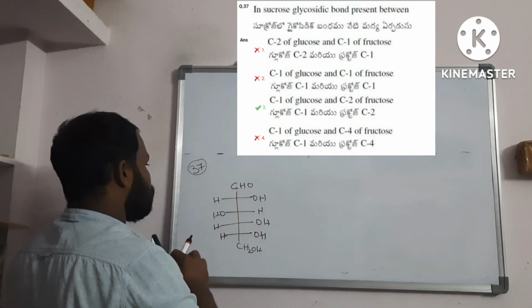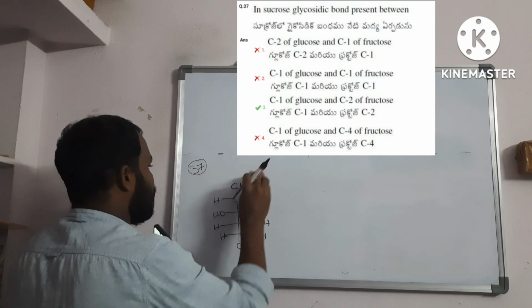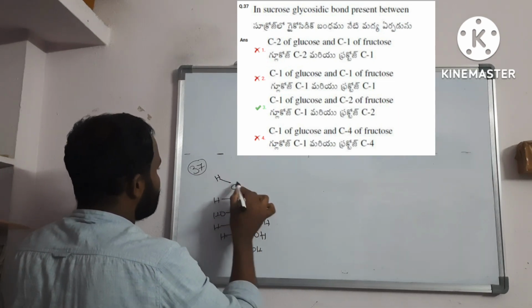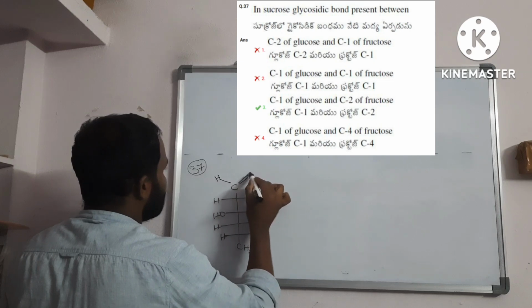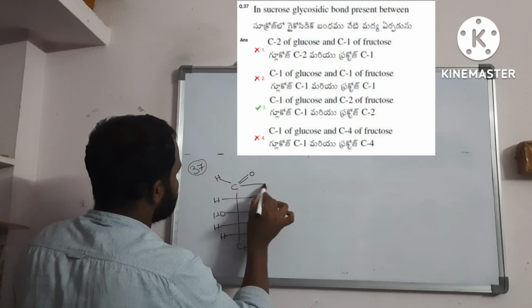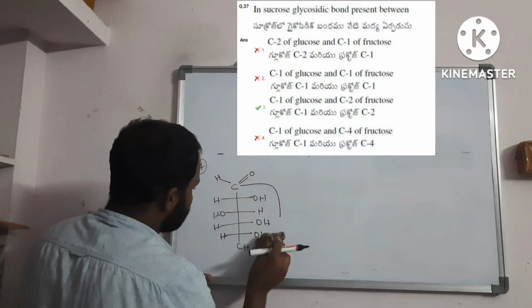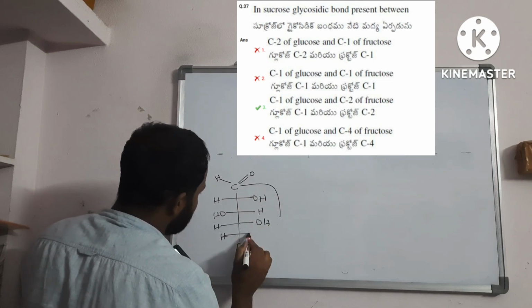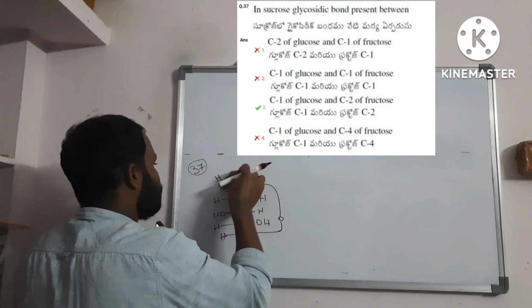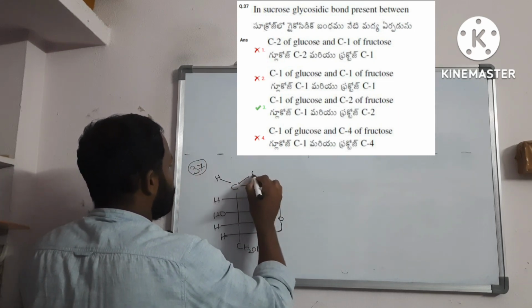If I want to write the pyranose structure, the aldehyde group C double bond H is there, so I am writing that H here. But when you write the pyranose structure, this connects directly with this OH, so you can write O here and the remaining H here, OH.